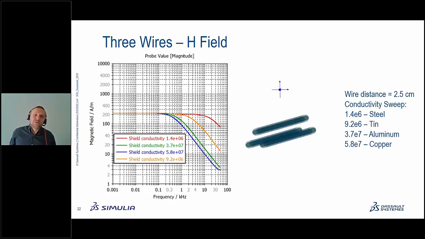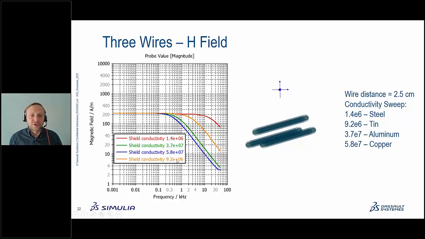And then I have run a few parameter sweeps, now having 3 wires, arranging them in a triangular symmetric fashion, and first testing, okay, what's the effect of the conductivity? Of course, with increased conductivity, you get a better shielding. It's looking not that bad, but you can also notice that, of course, it's a very high value.